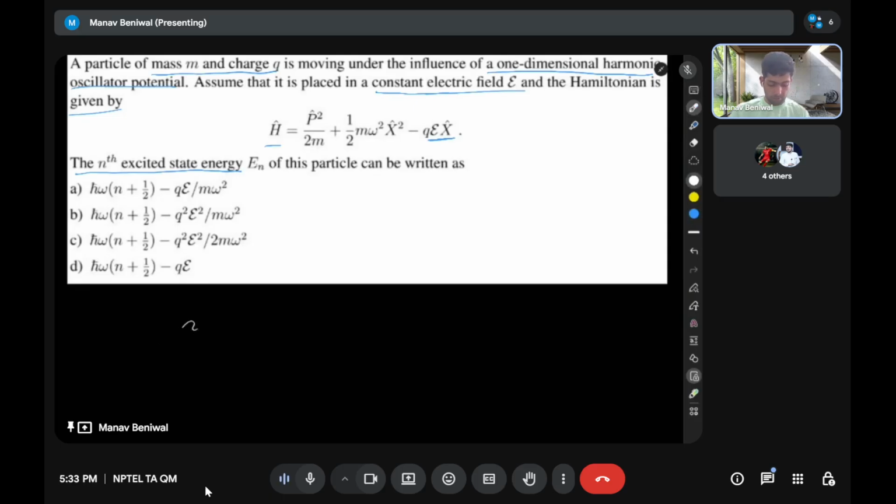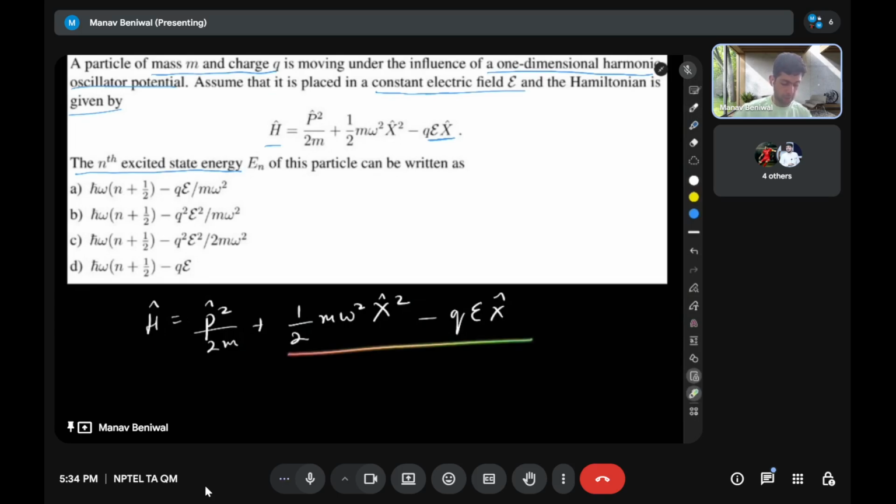So maybe some of you know the trick that goes into this problem. One thing we should notice immediately is that here we have x squared and here we have x.